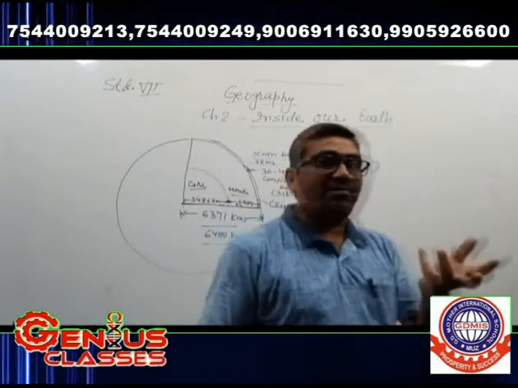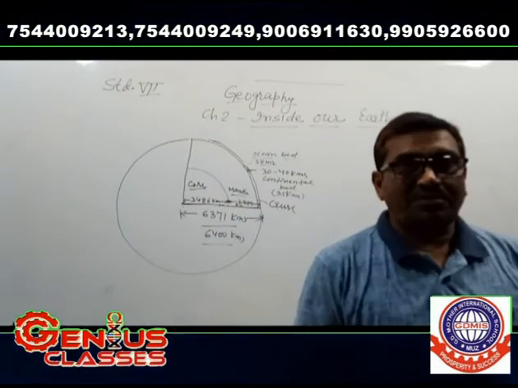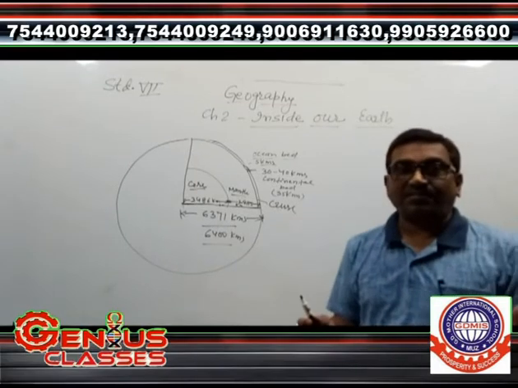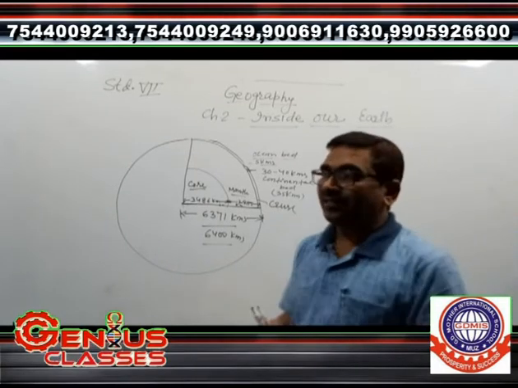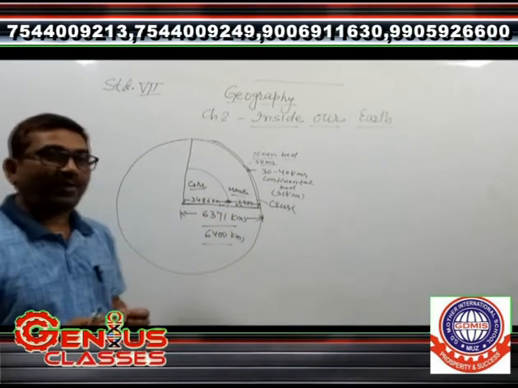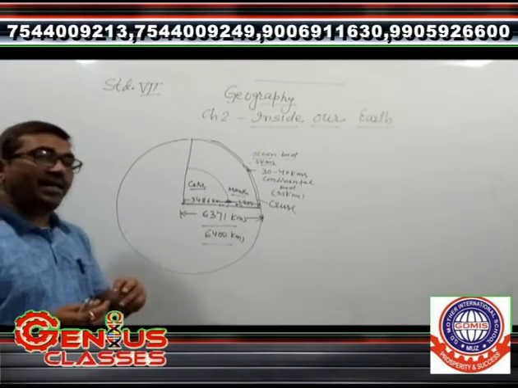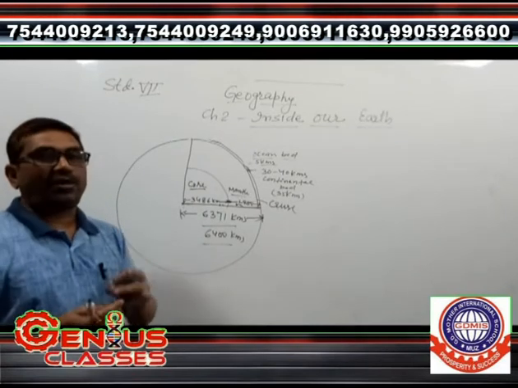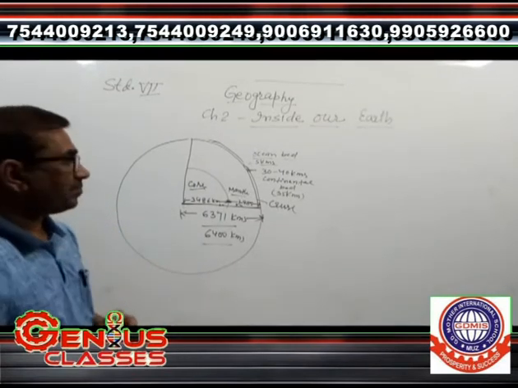Why should we give 3 different names if the composition is the same? Intelligent students, I know it. You have understood that the names are different, so the composition should also be different.